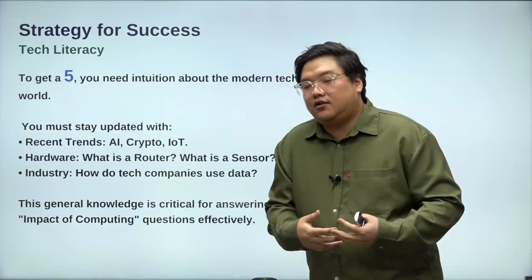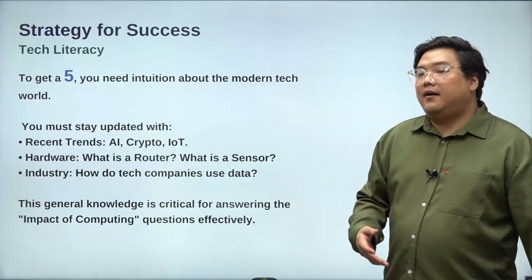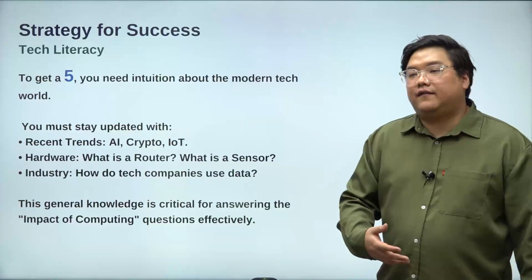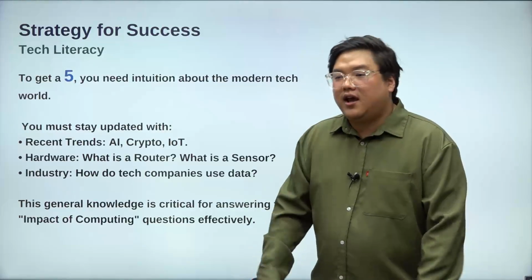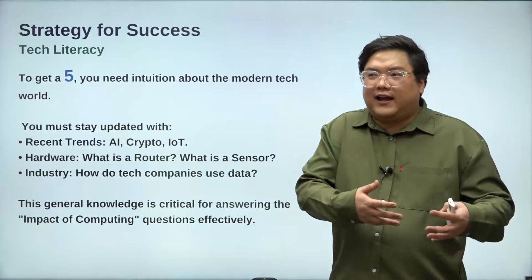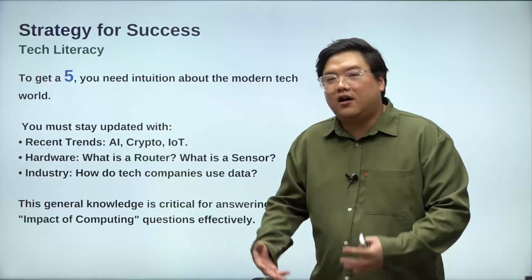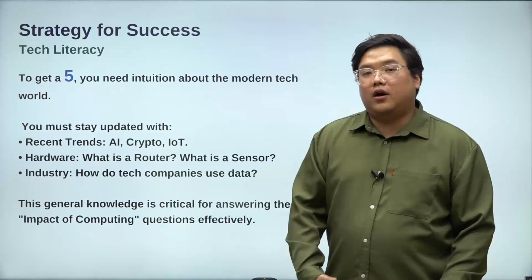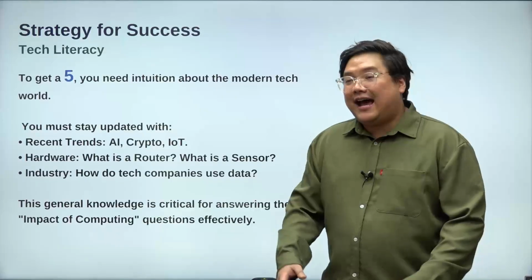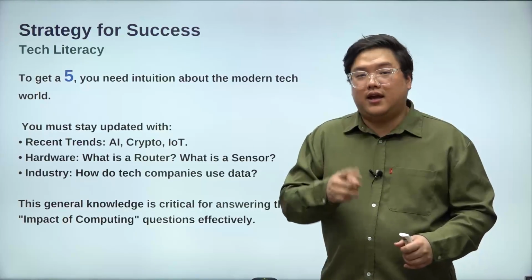That means you need to read the news about what's going on in the tech world. And on YouTube, there are a lot of YouTubers who introduce new tech, new gadgets, or a new AI model, and what you can do with that AI model. So you need to get in the habit of watching these videos or reading the news. And trust me, that will make it a lot easier for you to get a 5.